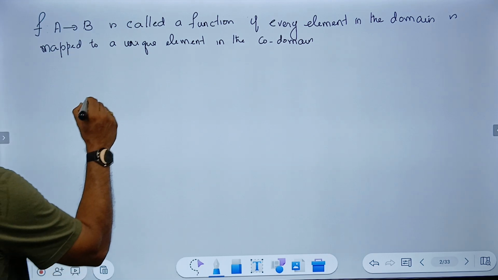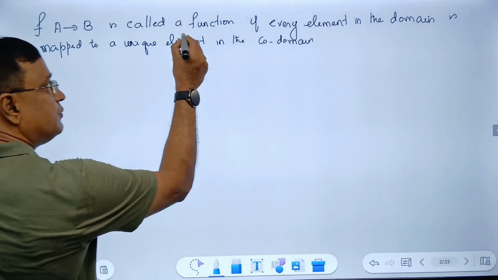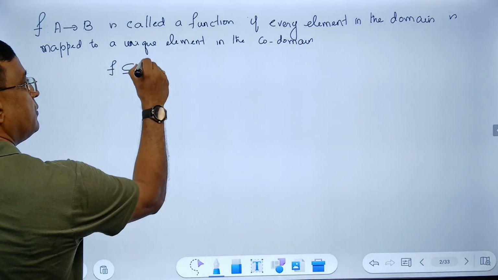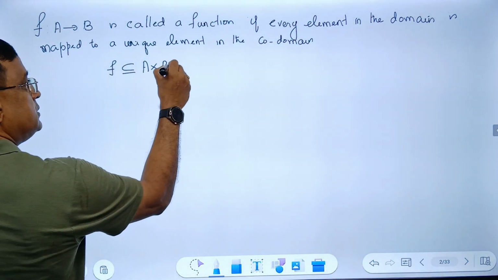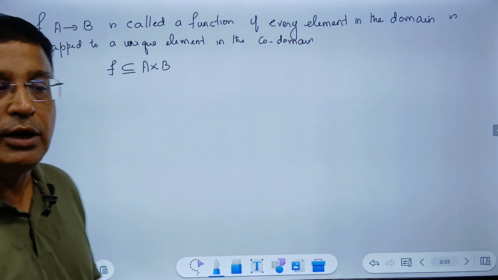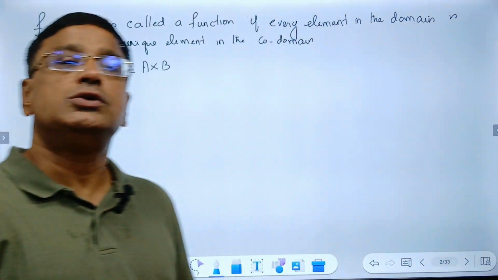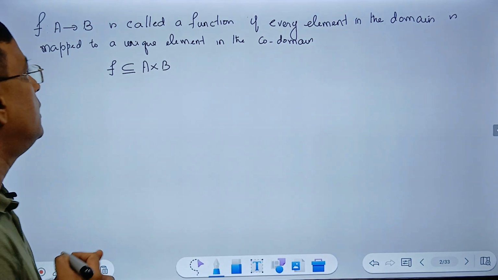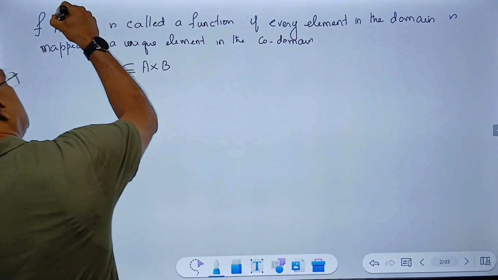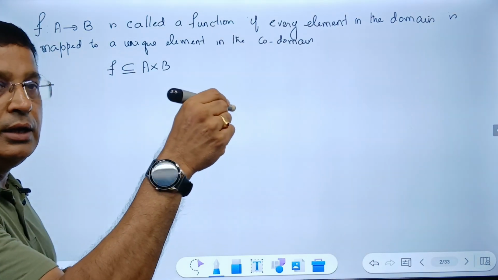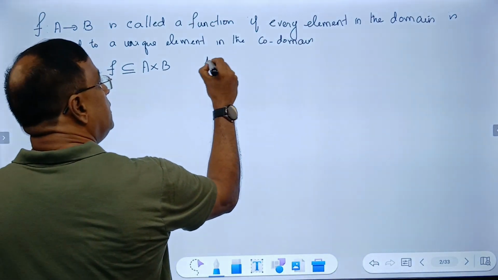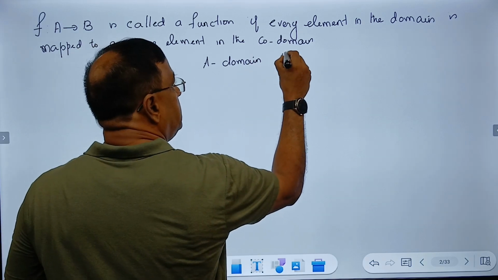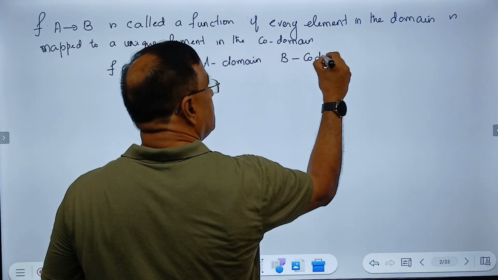Now, since F is a function and it is also a relation, clearly F is also a subset of A cross B. Just like a relation R from A to B is a subset of A cross B, the function should also be a subset of A cross B. Since I'm starting from A and going to B, A is called the domain and B is called the codomain.